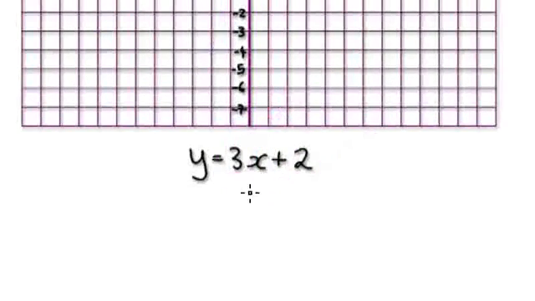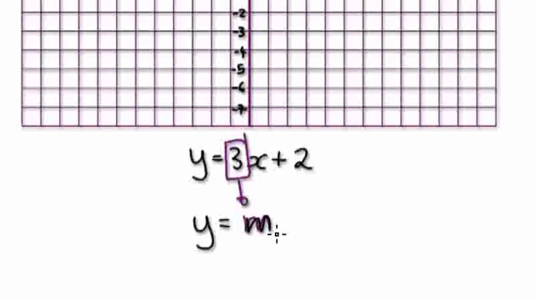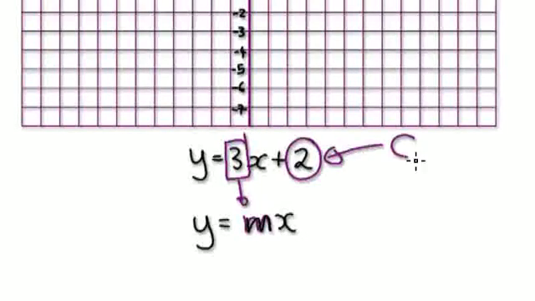But from now on, we're going to write it like this. Instead of writing a 3, I'm going to write the gradient as m, so mx, and this thing here I'm going to call c. C stands for intercept. Not sure why it's a c, but just accept it.